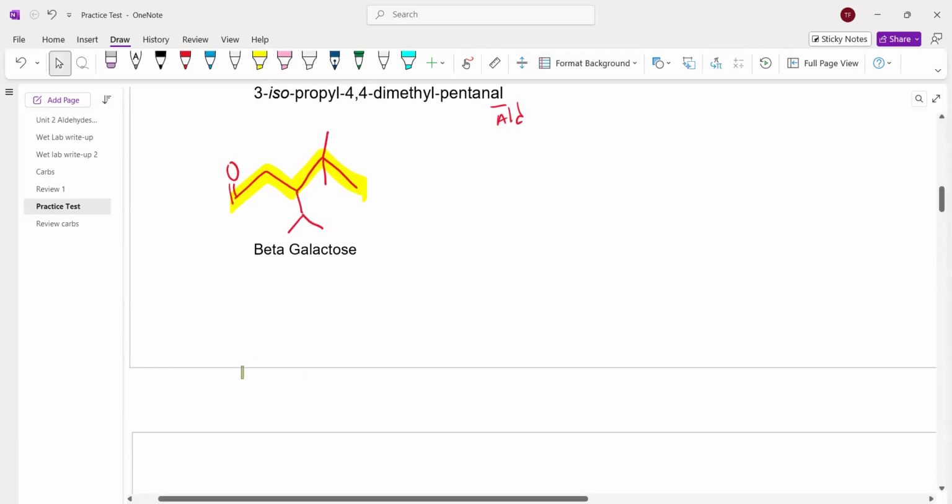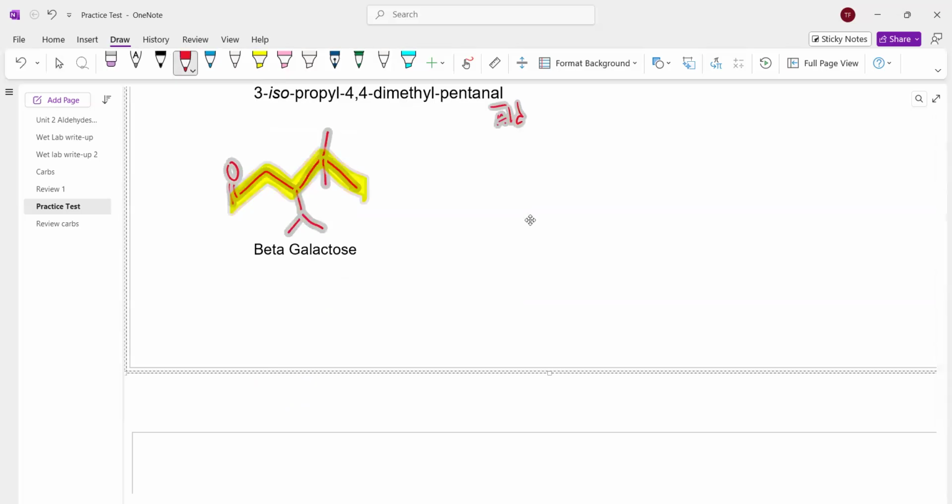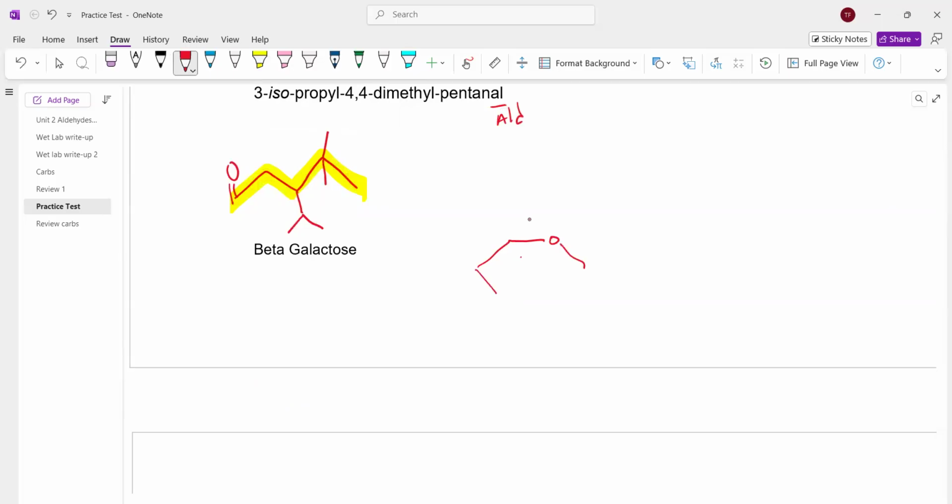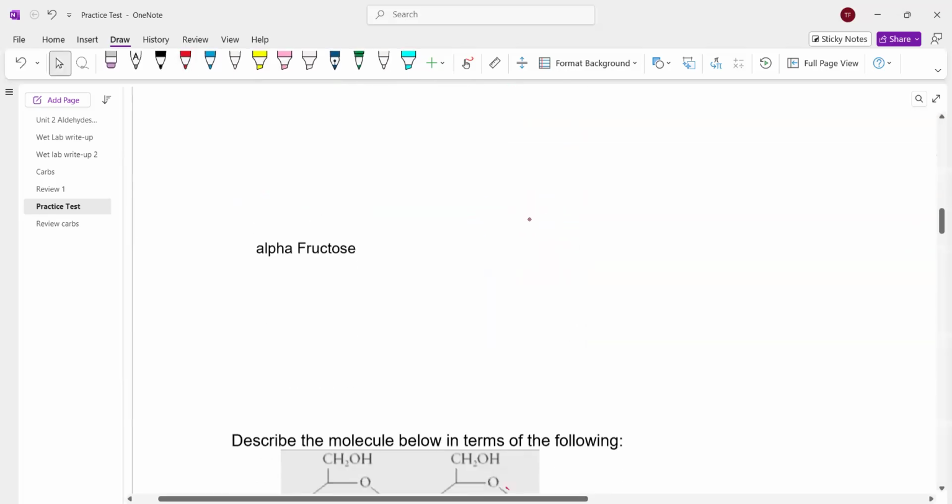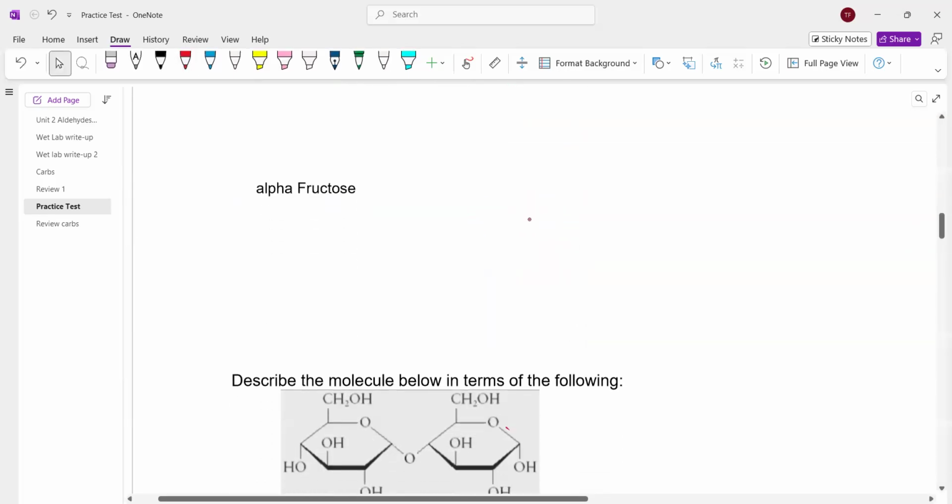Okay, galactose. And it's a beta, so it's going up. Fructose.